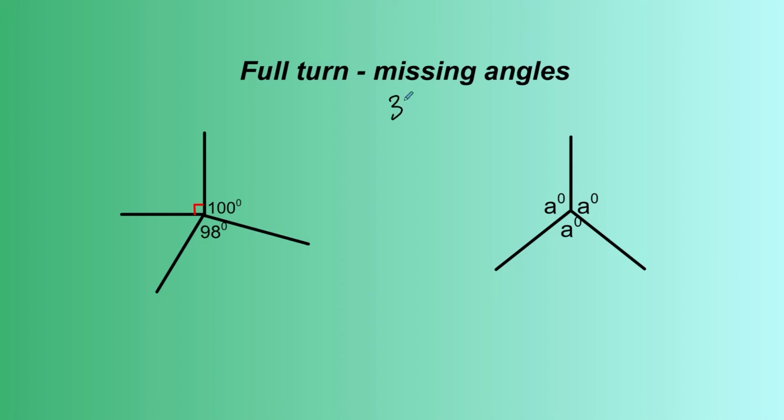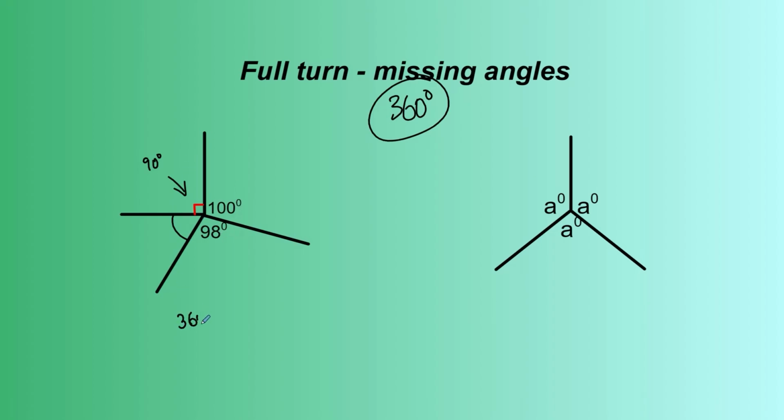And moving on, we've got a full turn angle, and it's the exact same idea, but a full turn is 360 degrees. So if you do a 360, you're turning all the way around and getting back to the beginning point. Here, you'll remember, what does that little square mean? It means it's a right angle, so that's 90 degrees. So here, for the missing angle, we've got 1, 2, 3 angles that we know.